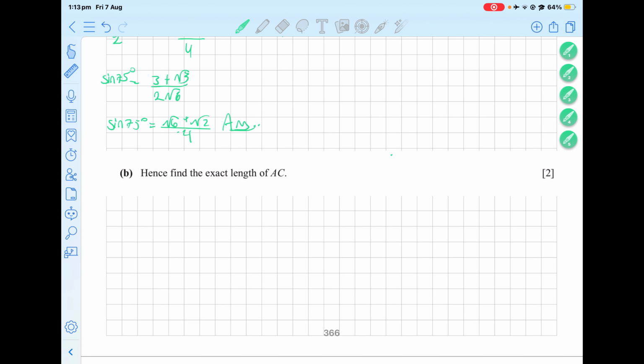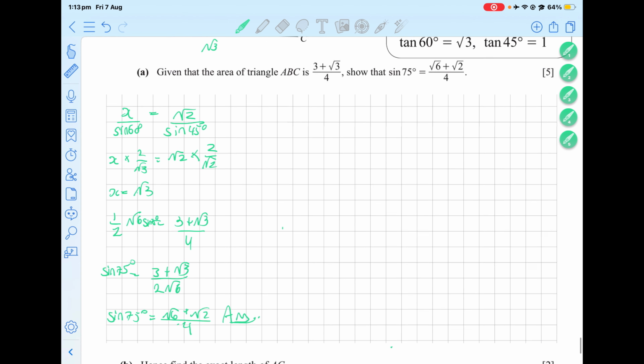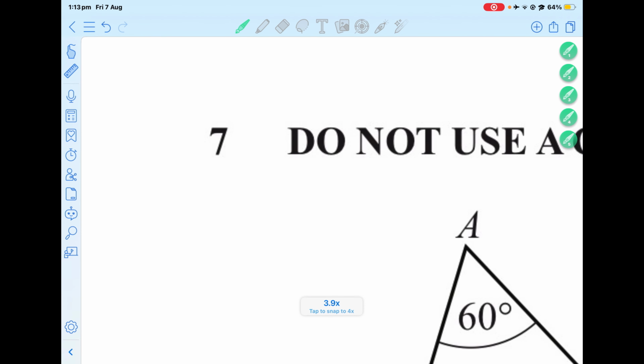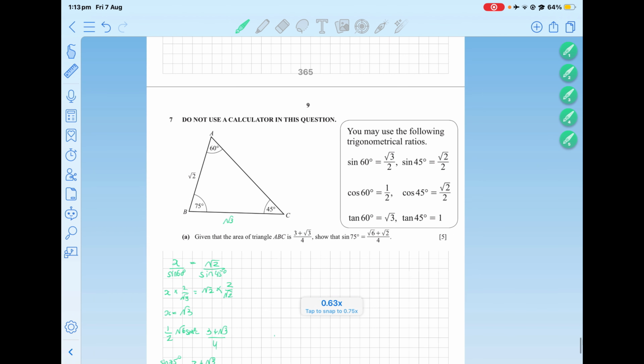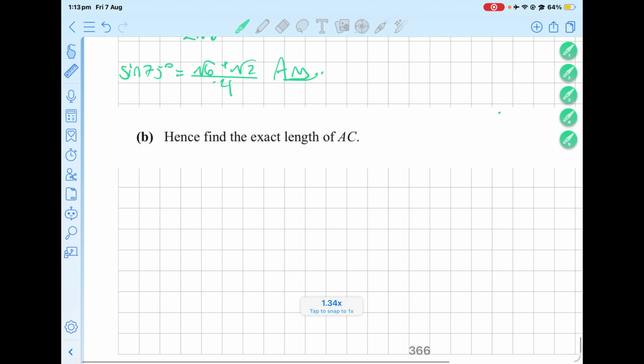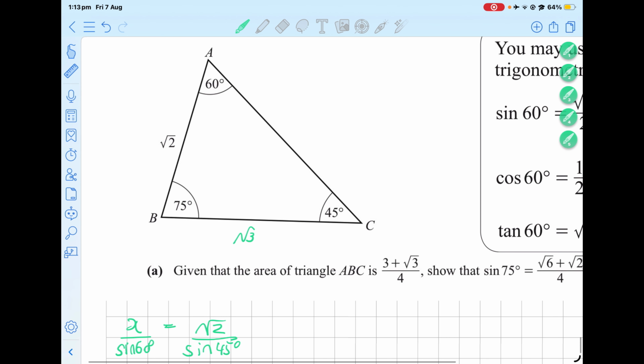So to do that, we will need to, by the way, we're on question 7 right now. So we're almost done with the paper though. So let's just hope we complete this quickly. So AC, we could use cosine rule right now.